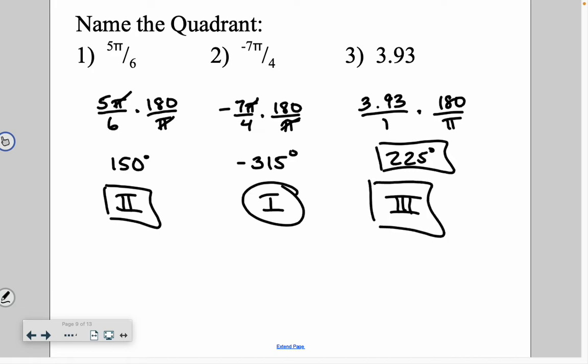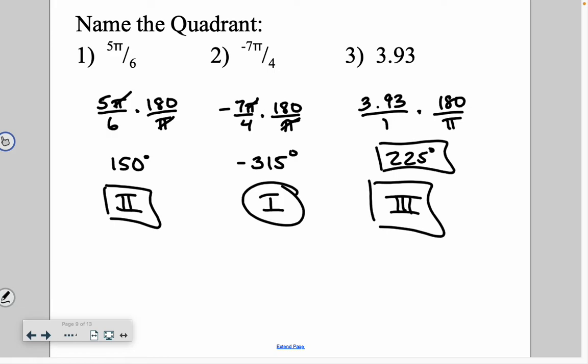Now, I was telling you could kind of think this through. What do we say halfway around the circle is in terms of radians? 180 degrees. How many radians? What's the radian measure for 180 degrees? Isn't 180 degrees pi? 3.14 radians.